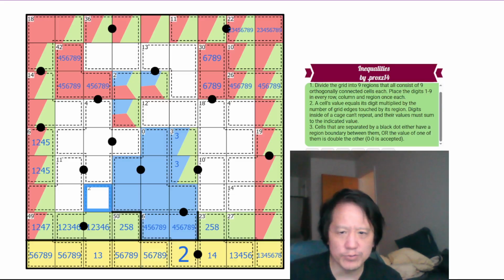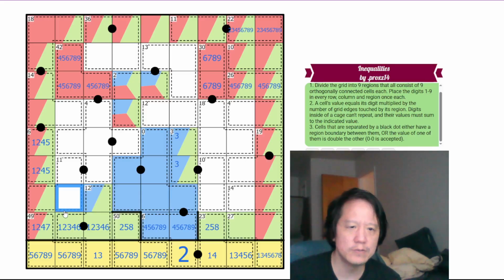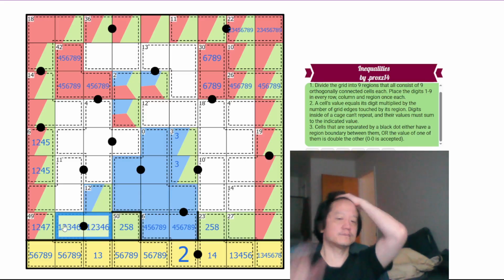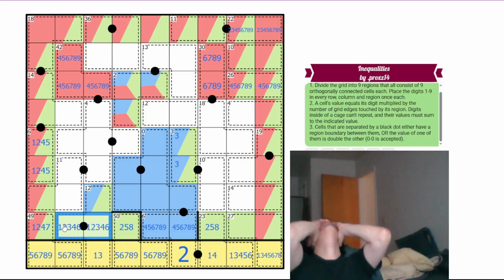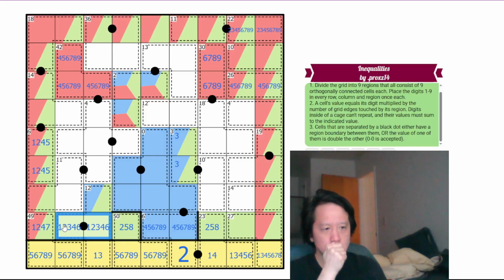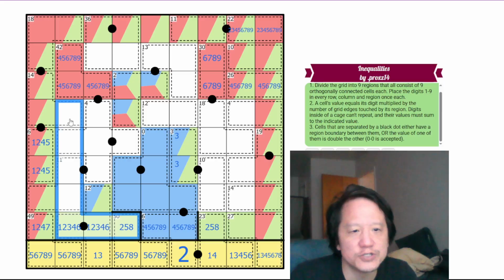This is either blue or green. We don't know. This again has to touch a single edge.